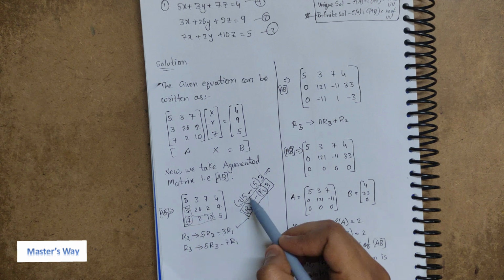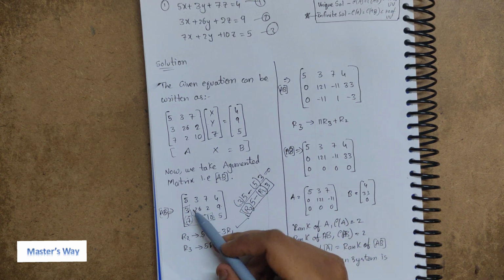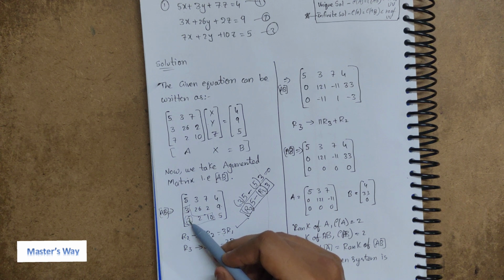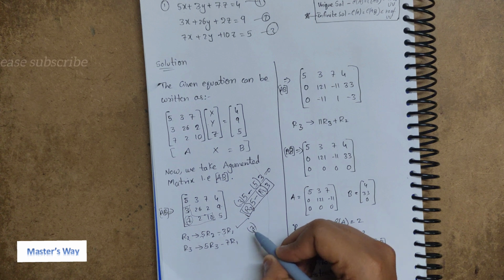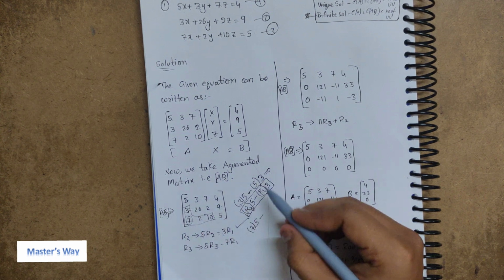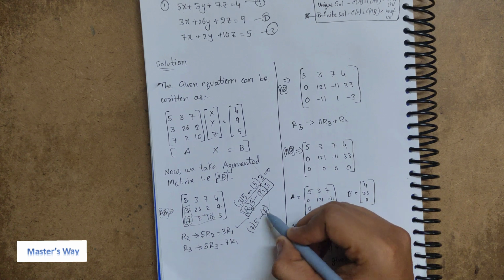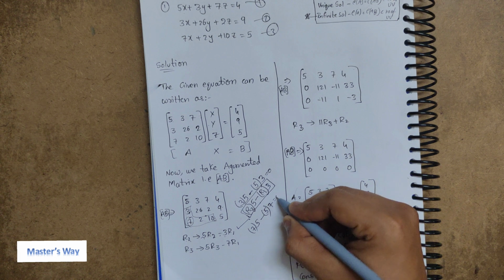Next we need to make 7 a 0. In the same way how we have done this one, we need to make 7 a 0. So first we need to do R3. 7 I am taking from here, this should be multiplied with minus 5, and this 5 we will take here and multiply with 7. Then it will become 0.